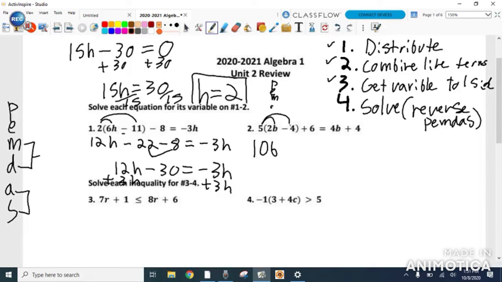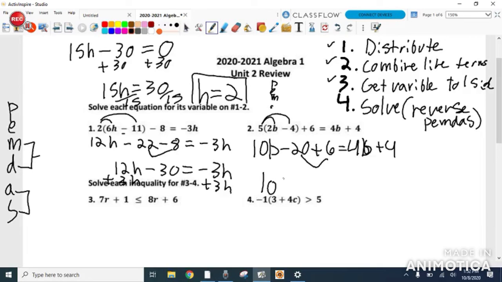5 times negative 4 is going to give me negative 20. Let me write that b a little bit better. All right? Plus 6 equals 4b plus 4. I have 2 terms right here I can combine.